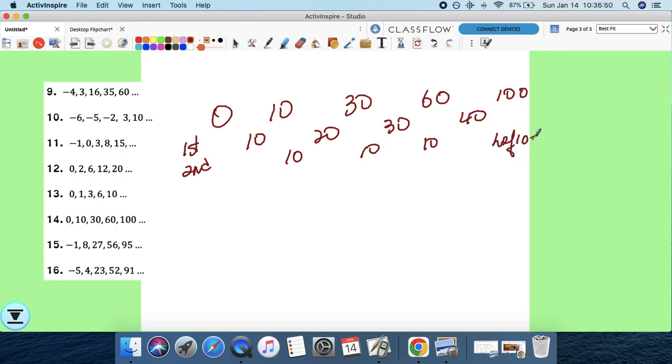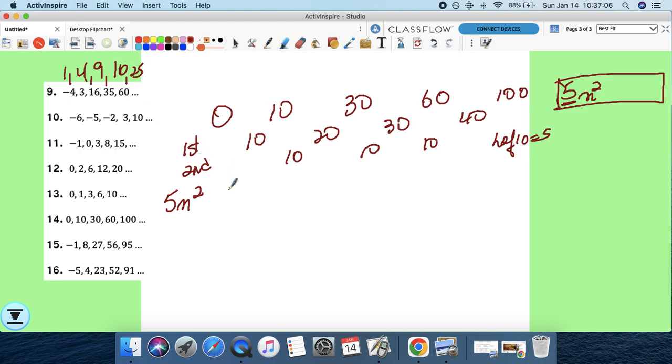Half of 10 is 5, so that's my n squared coefficient: 5n squared. Multiply the n squared sequence by 5, so you get 5, 20, 45, oh, it's 16, sorry, 16 times 5, which is 80. And then 5 times 25 is 125.